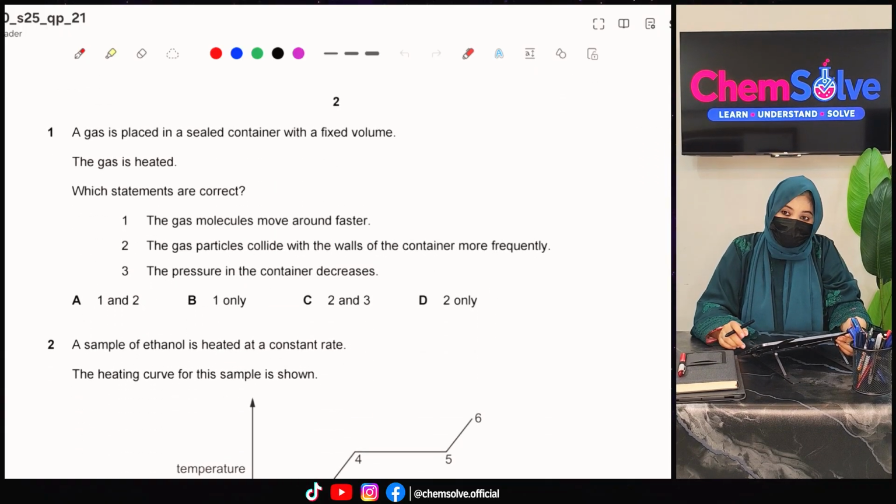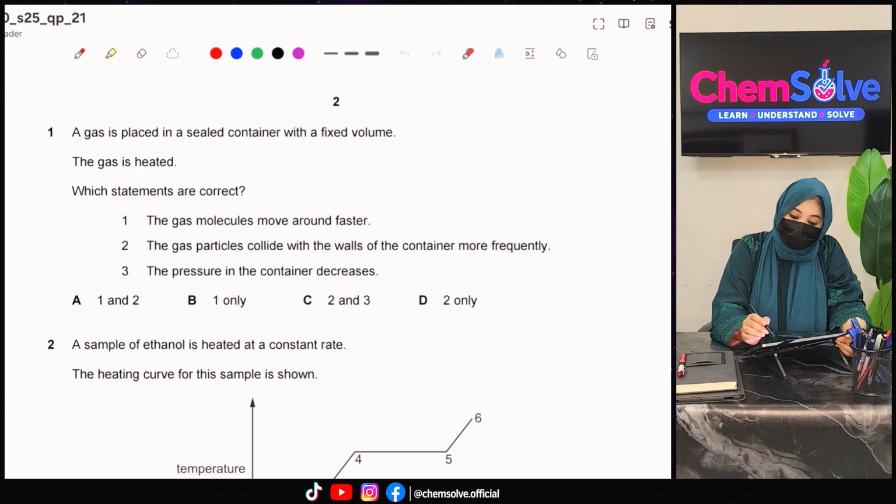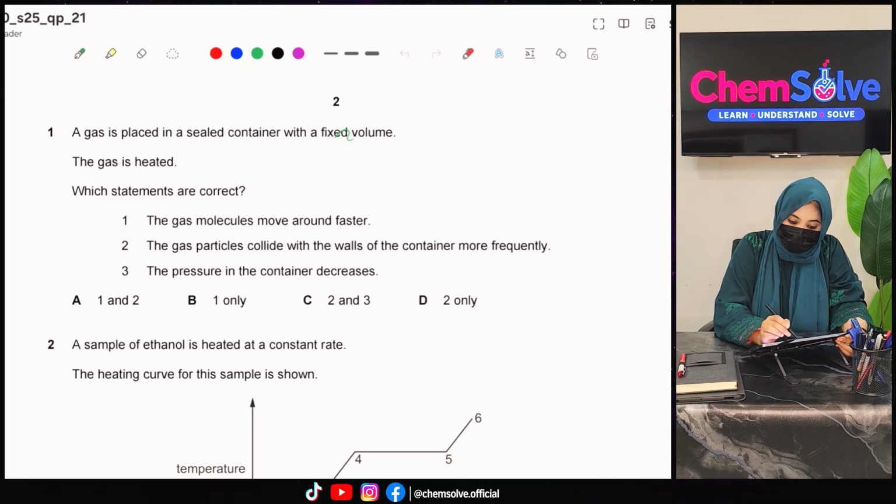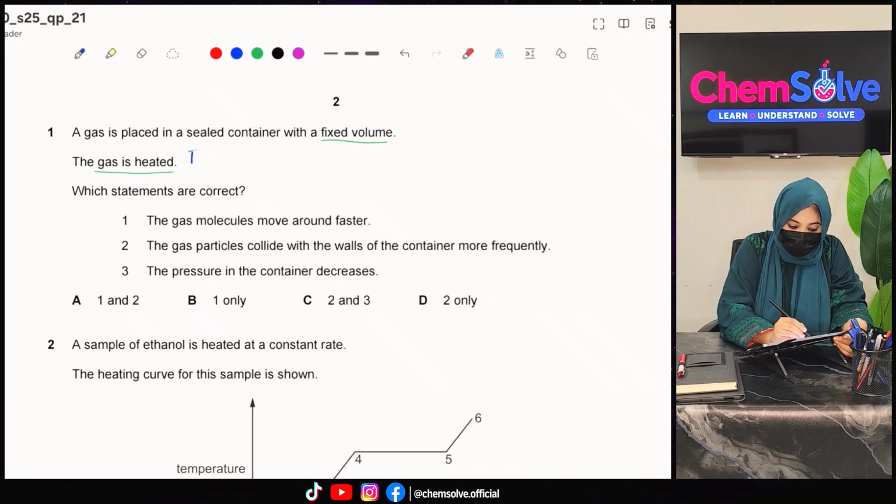The first question, question number 1, says a gas is placed in a sealed container with a fixed volume. So the volume is fixed. The gas is heated. If the gas is heated, it means the temperature will increase.